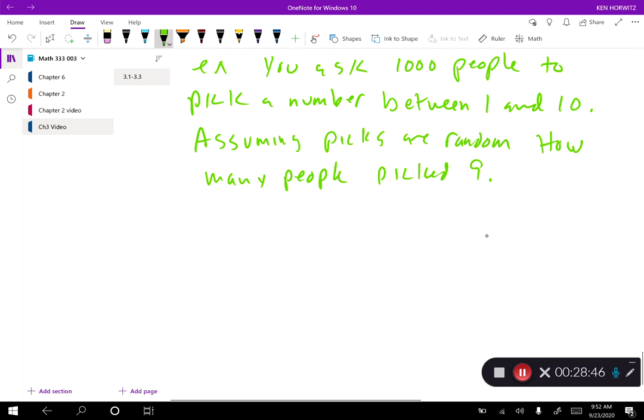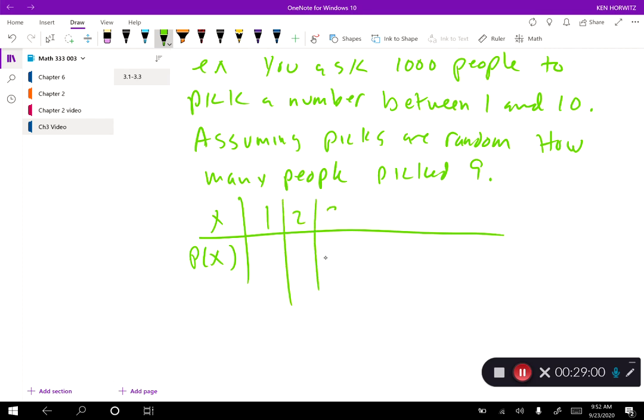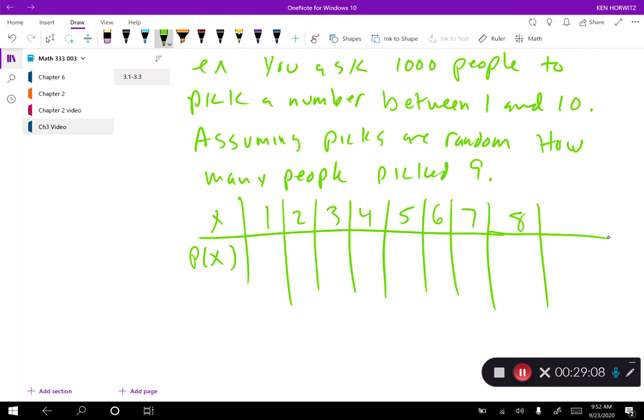All right, well, if I'm saying x and p of x, x are the numbers I could pick, which would be 1, 2, 3, 4, 5, 6, 7, 8, 9, and 10. Why don't you pause the video and put in the probabilities of each number?